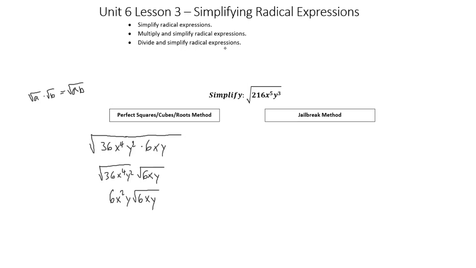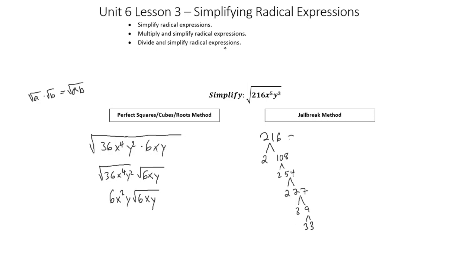Another method that I taught while at high school was the jailbreak method. And the theory is it's twin day at your local jail. And if you have a twin, you get to escape. So if we look at 216, break it down into 2 and 108, break it down into 2 and 54, break it down to 2 and 27, and 27 breaks into 3 and 9, and 9 breaks into 3 and 3.